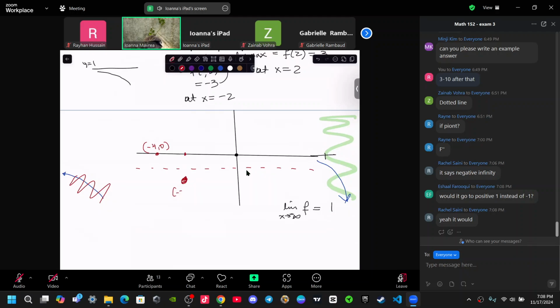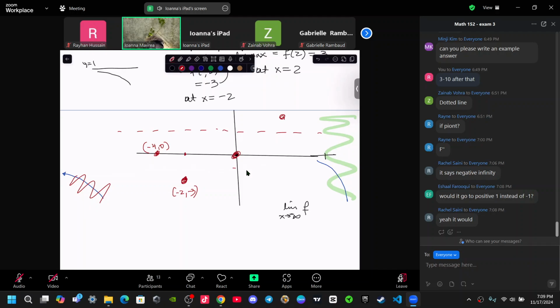Here's another point. And then 0, 0, here's another point. And then 2, 3, let's say here's another point. Right, so you have those 3 points. The asymptote is not where I drew it. It's not -1, it's 1. So the asymptote is on top. This point is at 3.